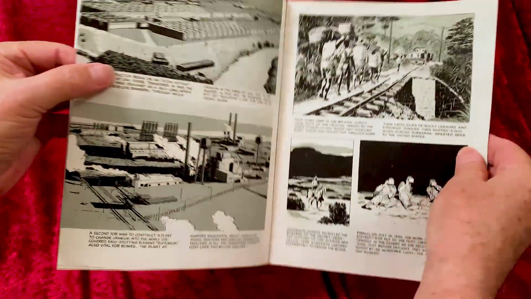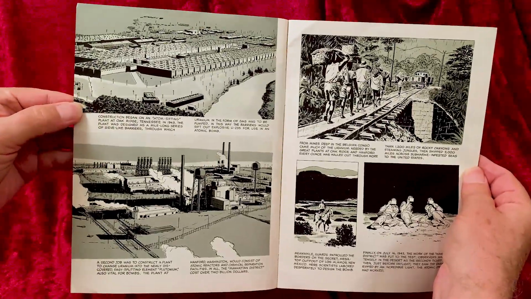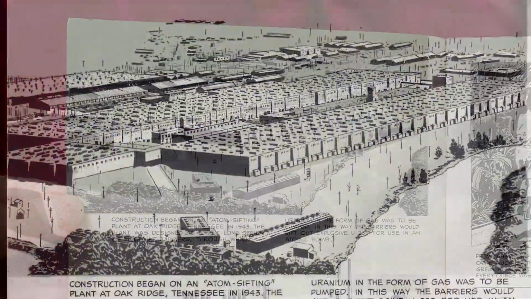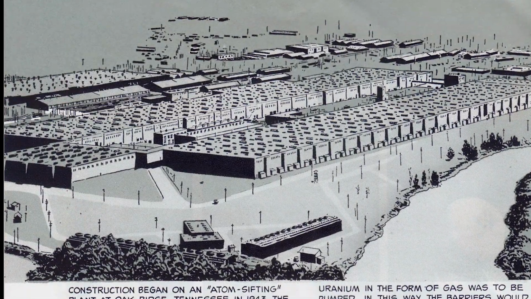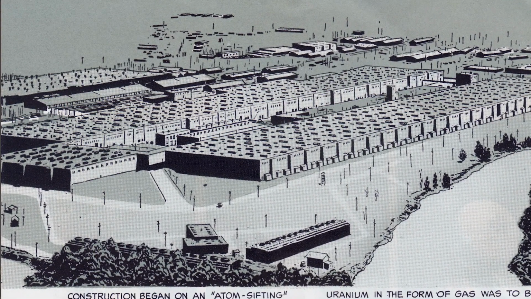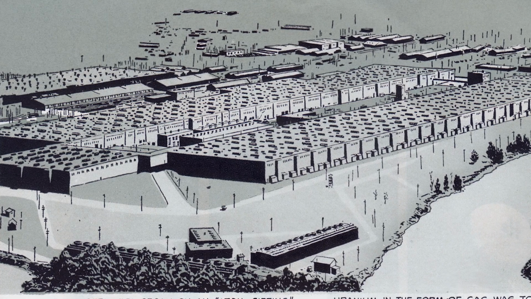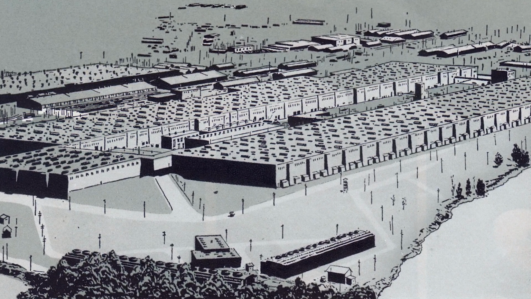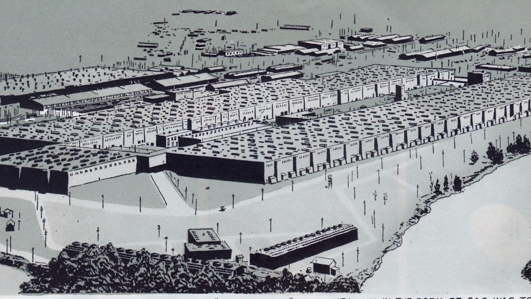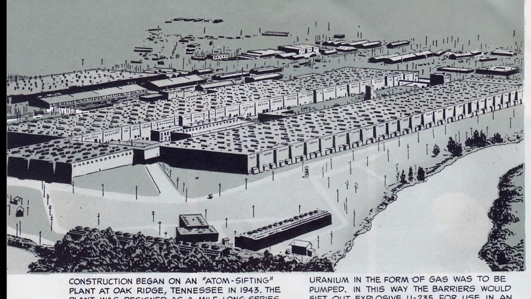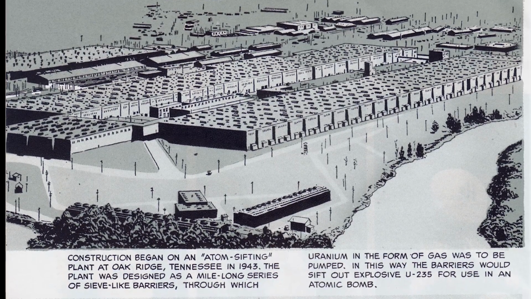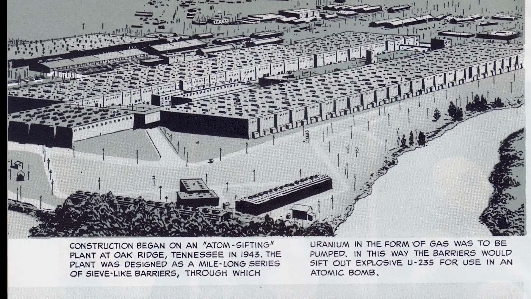Construction began on an atom-sifting plant at Oak Ridge, Tennessee, in 1943. The plant was designed as a mile-long series of sieve-like barriers through which uranium in the form of gas was to be pumped. In this way, the barriers would sift out explosive U-235 for use in an atomic bomb.